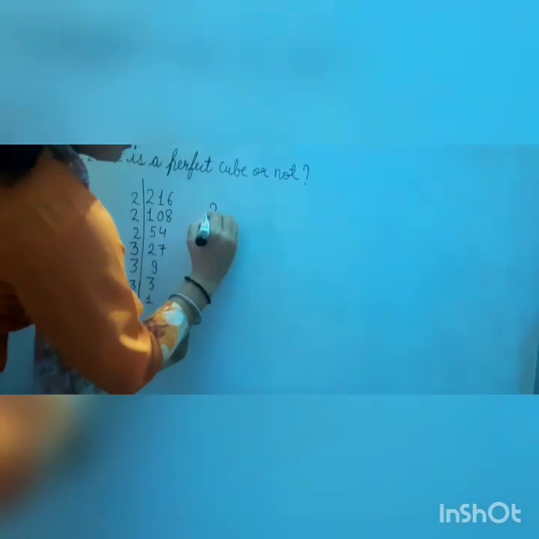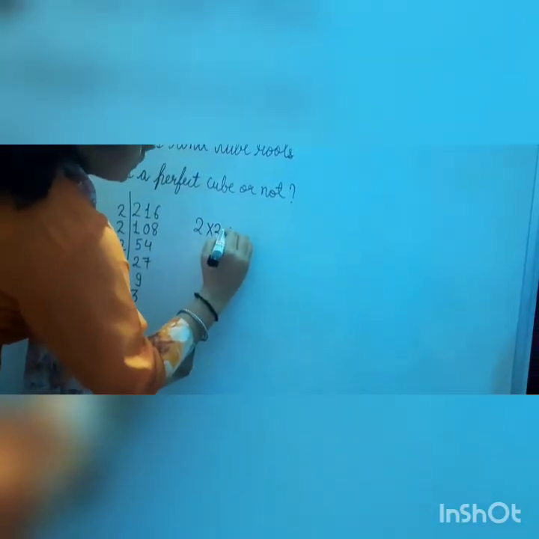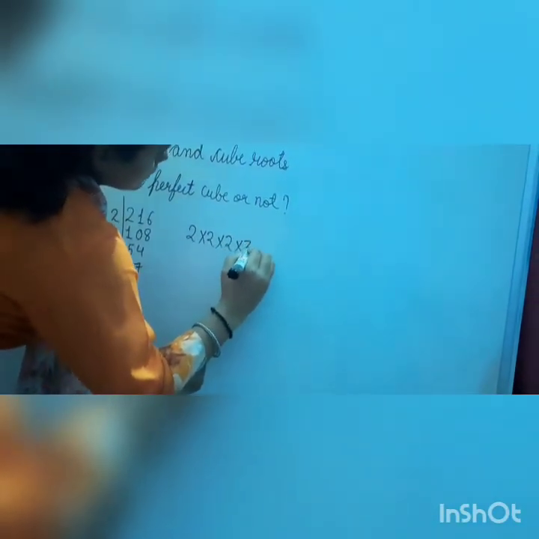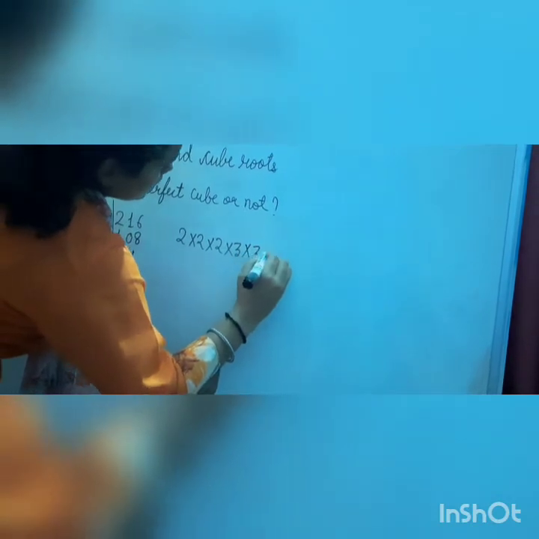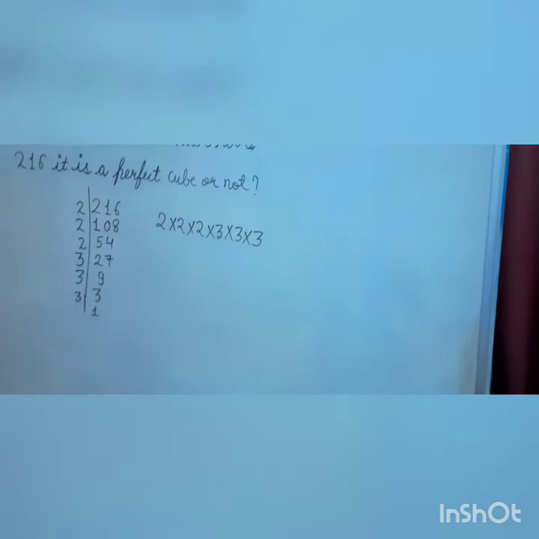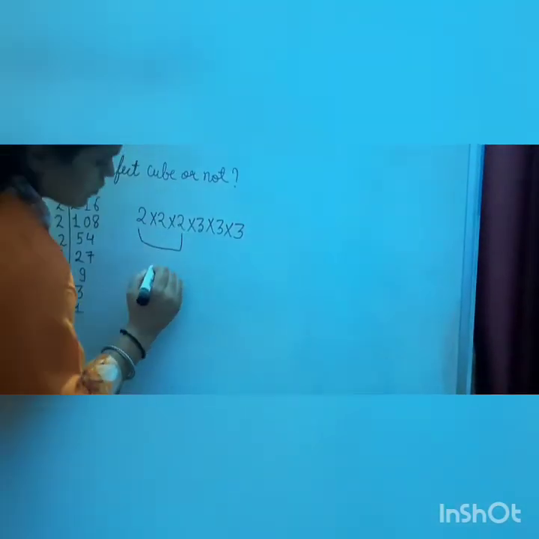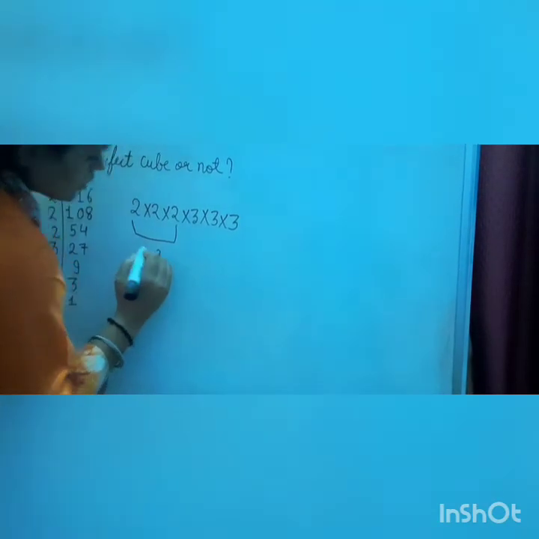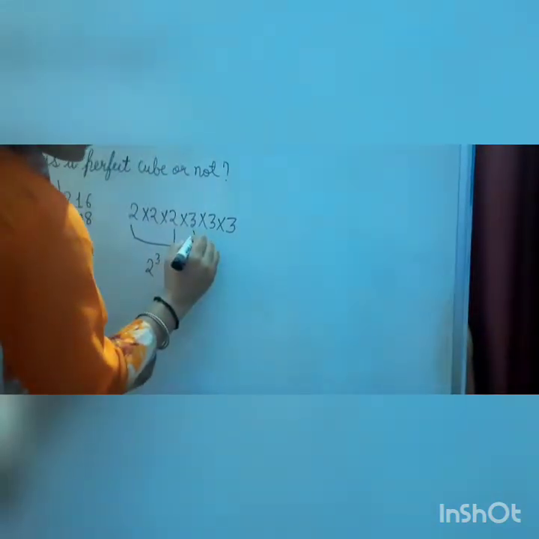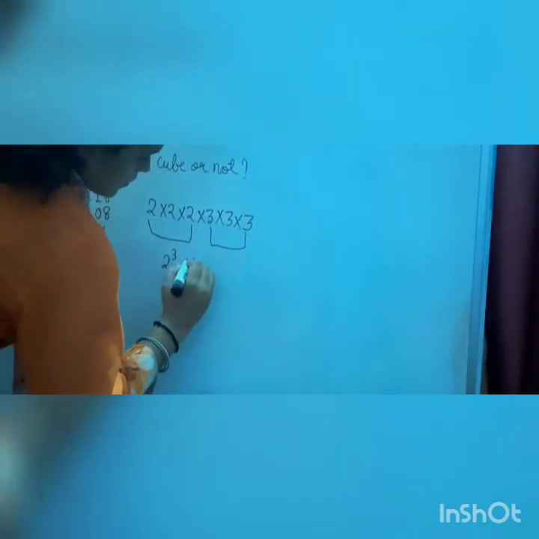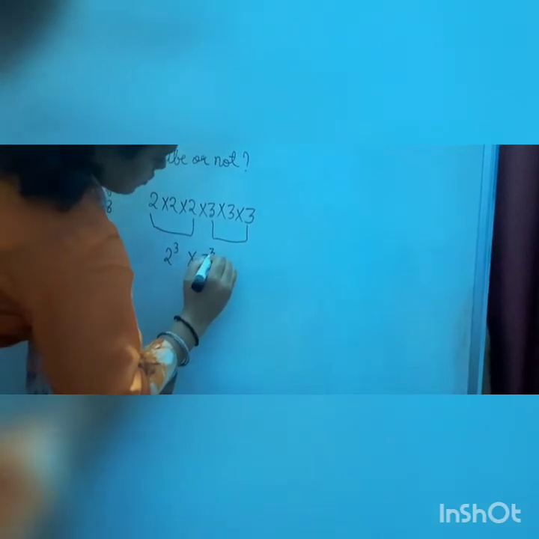Okay class, you can see that 2 multiply 2 multiply 2 multiply 3 multiply 3 multiply 3. You can see that this is 2 to the power 3, a cube, and this is 3 to the power 3, a cube.